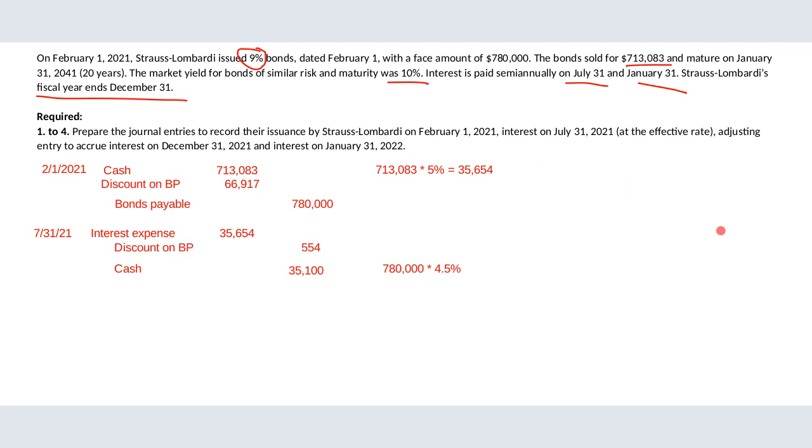So we're going to take the 713,083 plus the 554 to figure out the new carrying value, which is... anyone? $713,637.